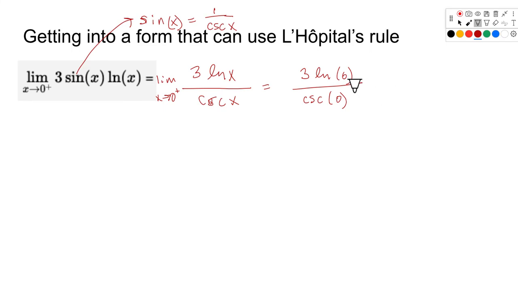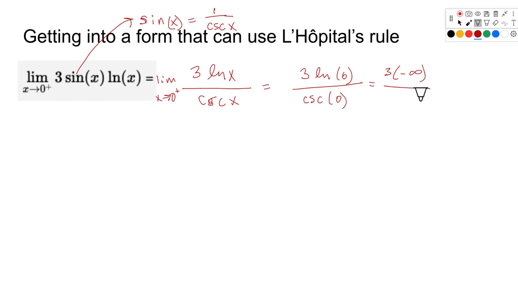When you take the natural log of 0, what's happening? You can't really do that, but what's the limit doing? If you look at the graph, it's going down towards negative infinity. So this is 3 times negative infinity.